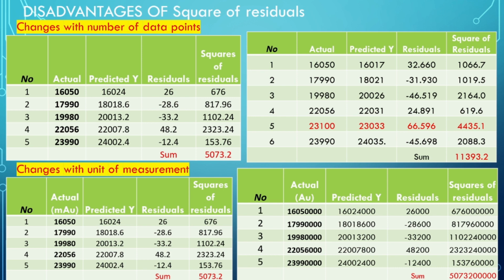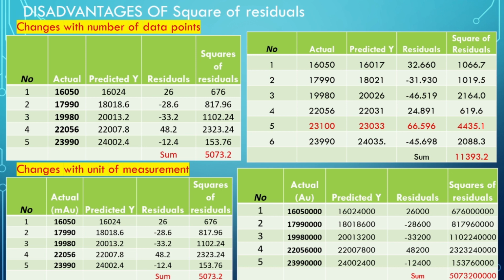Say one is giving a response of 16050, the other one is giving 1605.0, and the squares of residuals by default increase, and the sum again is a big number. So these results, the expectation given by ICH, are not making any sense for me.